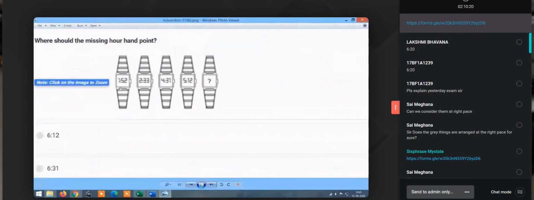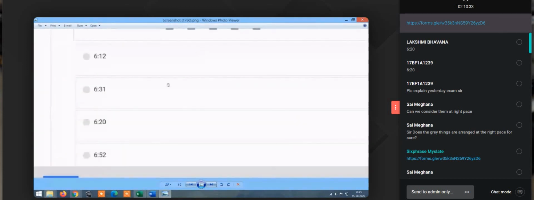If you understand everywhere, if you just add the sum of the digits, 1 plus 5 plus 2 is 8, 2 plus 3 plus 3 is 8, 4 plus 3 plus 1 is 8, 5 plus 1 plus 2 is 8. So obviously among the options, if you add the digits, you must get 8. So only 620 will give you a sum of 8 when you add the digits.